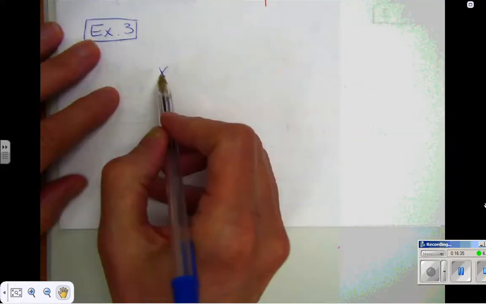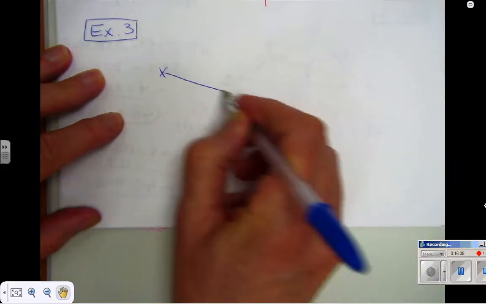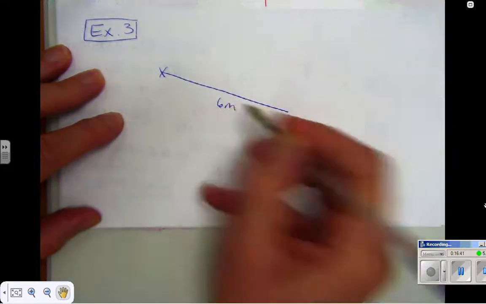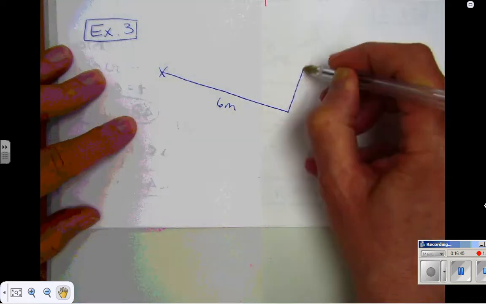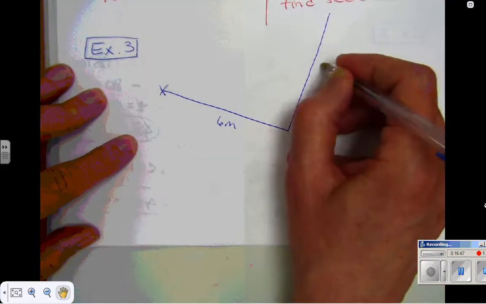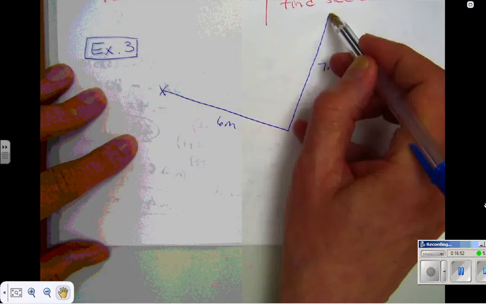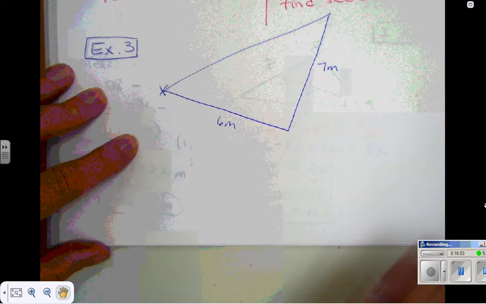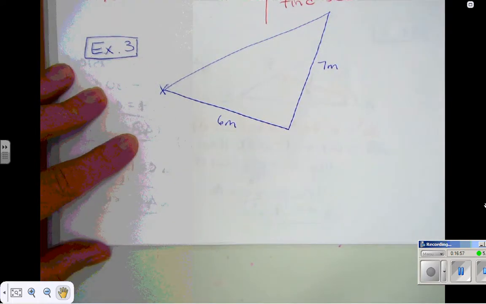So here is Amelia's start, and she's going to run 6 miles in one direction, and then she's going to turn 79 degrees and run for 7 miles. So a little bit further. And they want to know the distance between her ending point and her starting point.